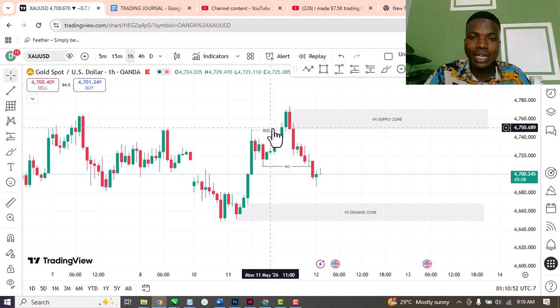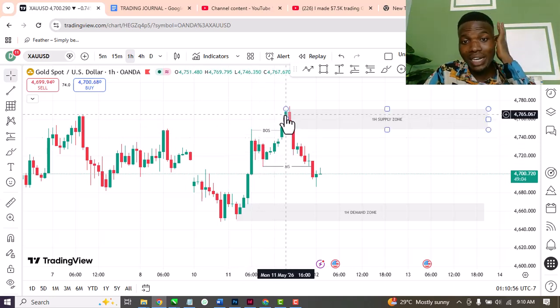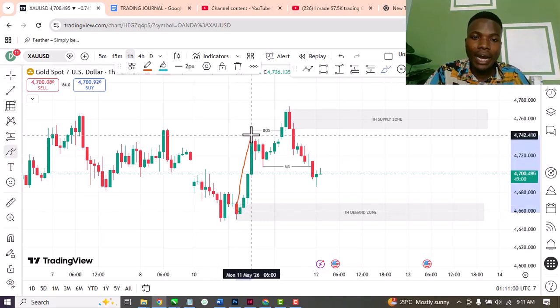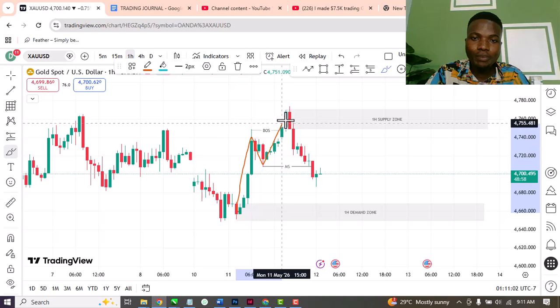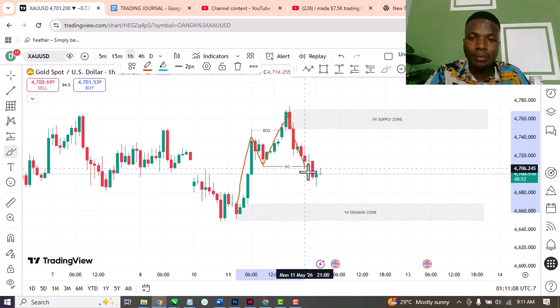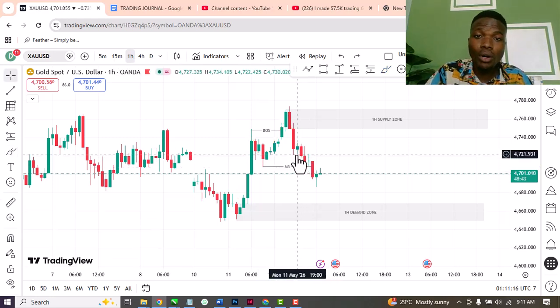It simply means that price made a higher high, higher low, then price broke above the high. Now the next thing that we can see is that price came all the way down to break this low. So it simply means that we have a market shift, which we also call change of character.